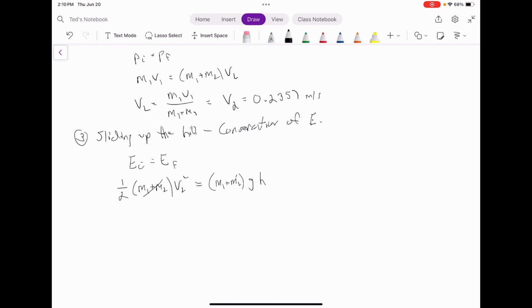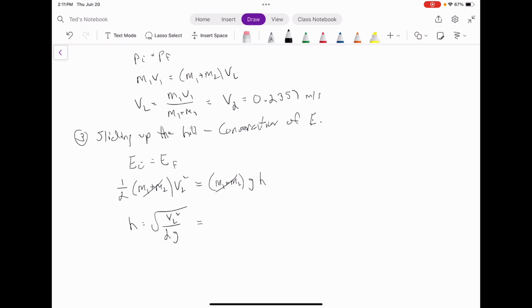Now the m1 plus m2's cancel, and divide both sides by g, and I get h is equal to the square root of v2 squared over 2g. Okay, so that is the square root of 0.2357 squared divided by 2 times 9.81.